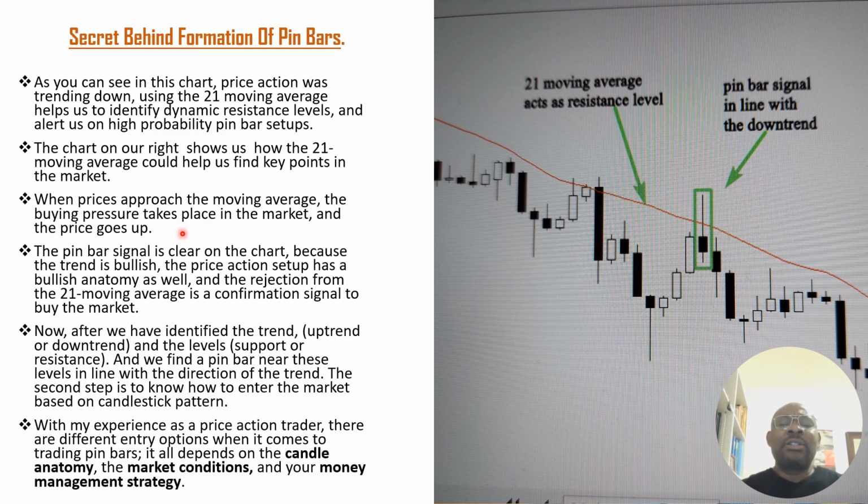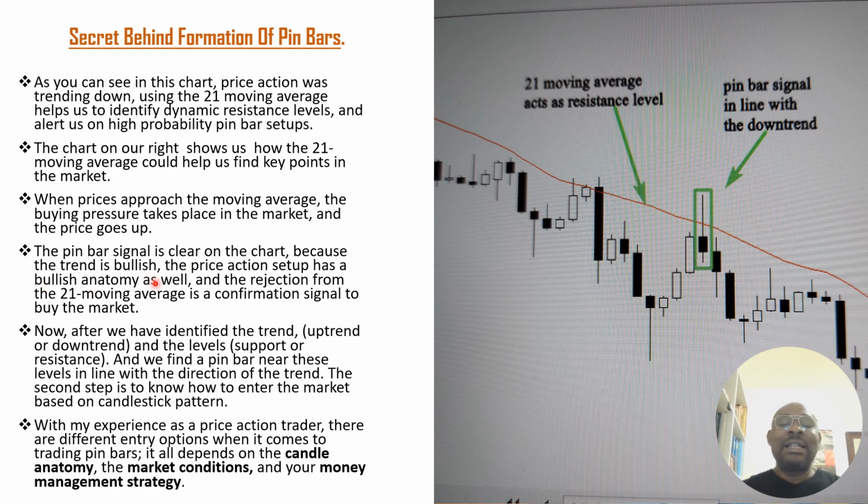So when price approaches the moving average, buying pressure takes place in the market and the price goes up. By the time the price action gets to a certain level, it will activate the orders that are there. Then you see the price start going up if it is an uptrend, or going downward if it is a downtrend.